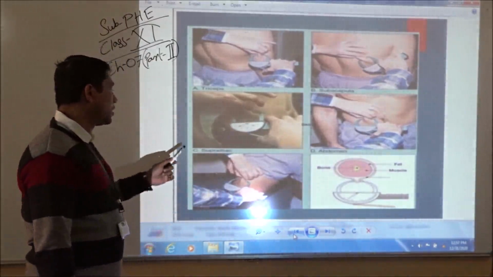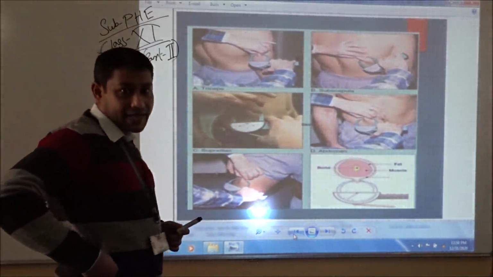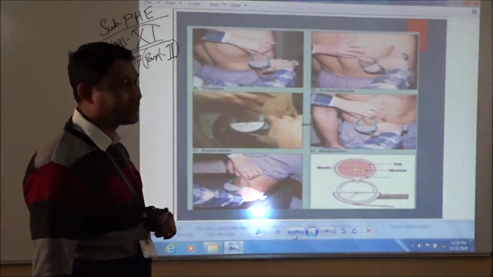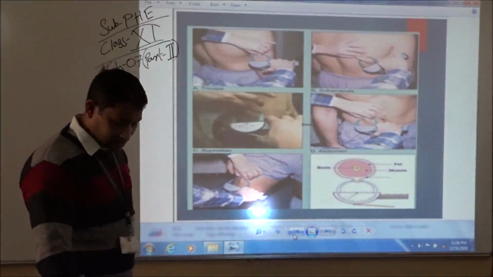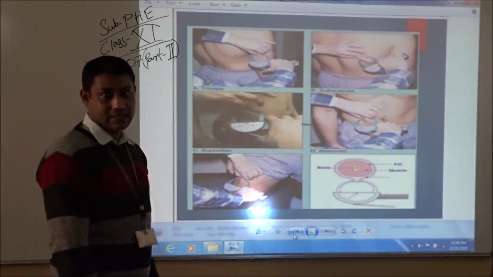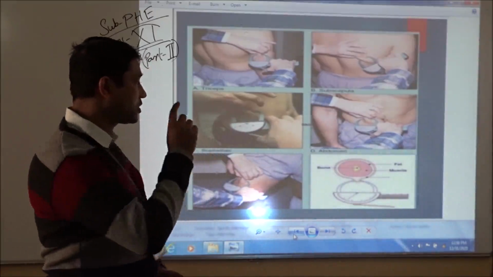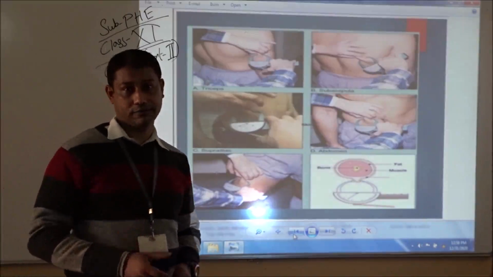Next is suprailiac, that is the side of the belly. Next is the abdomen region. Next is the thigh region also. And measurements are also taken of the calf.